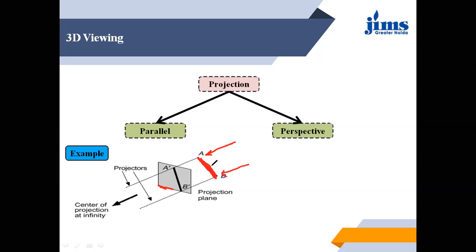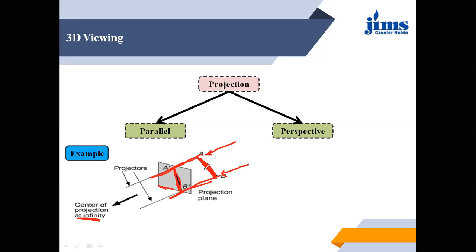When this object is seen from the infinite position, when the center of projection is at infinity, then all the projector lines are parallel to this object, and this is the image formed by the parallel projection.